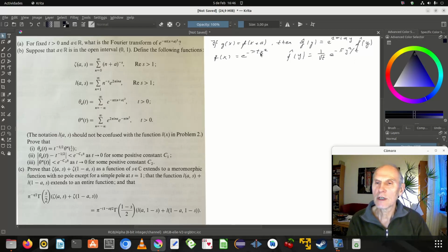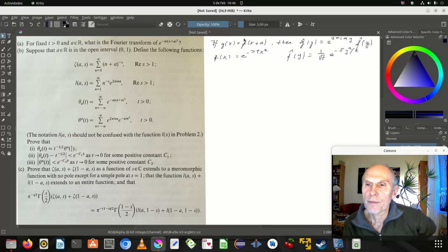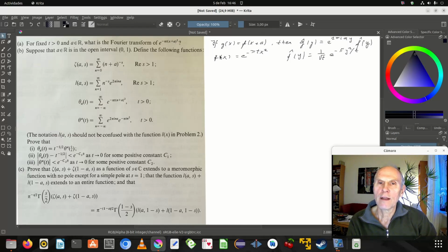This is what it gives. So in this question we just have to take care of the translation, and this of course only holds, or a priori holds, for infinitely differentiable functions of fast decrease.